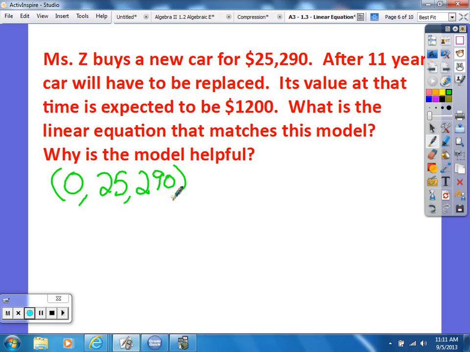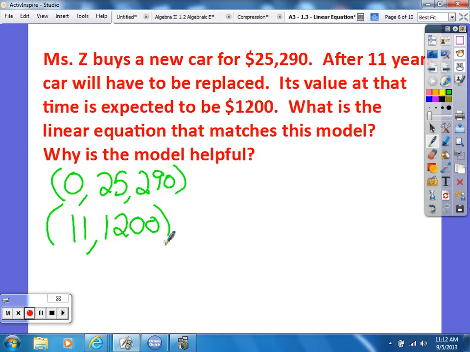If that's one point, can you write the other point now? At year 11, it's $1,200. That makes sense? So I buy it right now, times 0, and it's this much. In 11 years, it's this much.